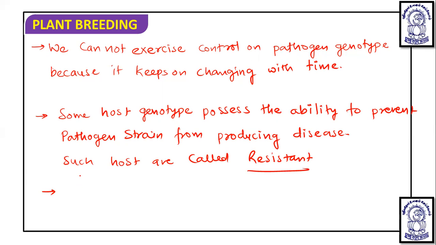Whereas this ability is the resistance. So resistance of the host plant is the ability to prevent a pathogen from causing disease, and it is determined by the genetic constitution of the host plant.